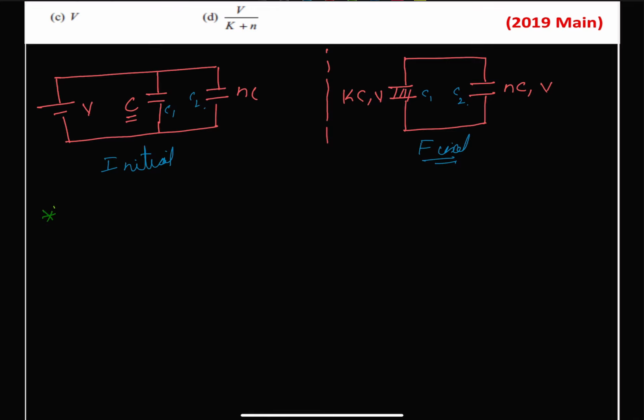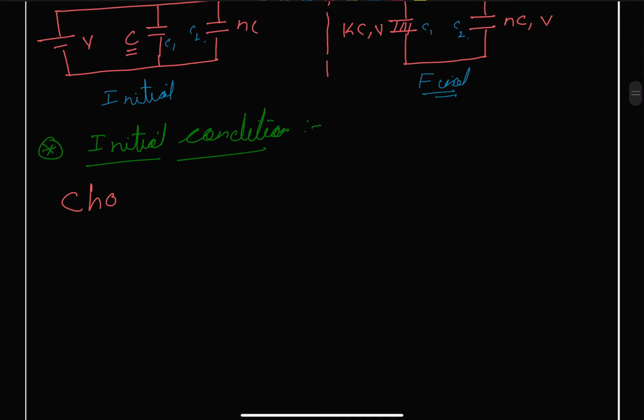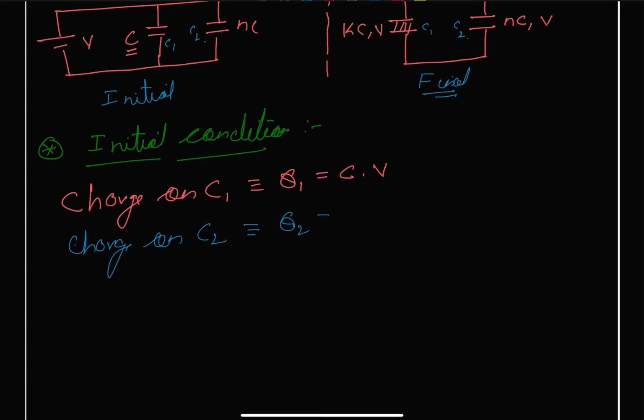So in the initial condition, charge on C1, let us call that Q1, will be equal to C multiplied by voltage source V, and charge on C2, let us call that Q2, will be NC multiplied by V. We can find out our total charge.